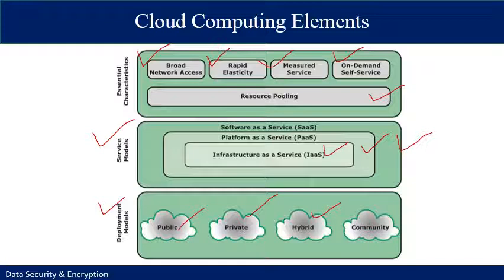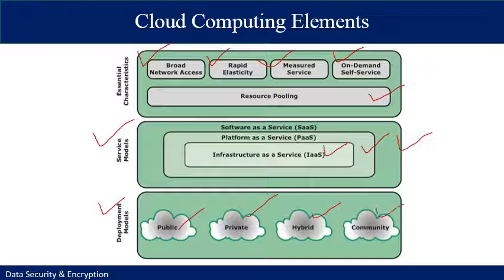The cloud infrastructure is a composition of two or more clouds, private, public, or community cloud, that remain unique entities but are bound together by standardized or proprietary technology that enables data and application portability, such as cloud bursting or load balancing between clouds.